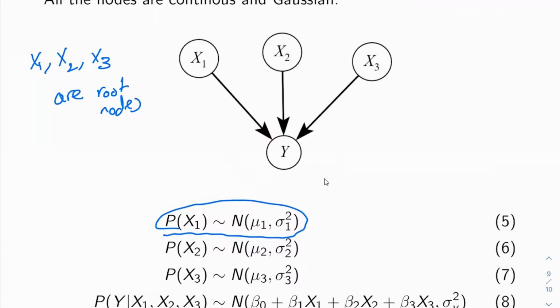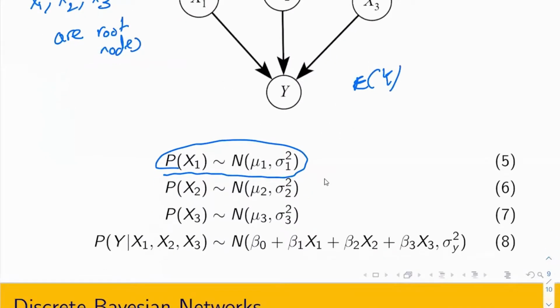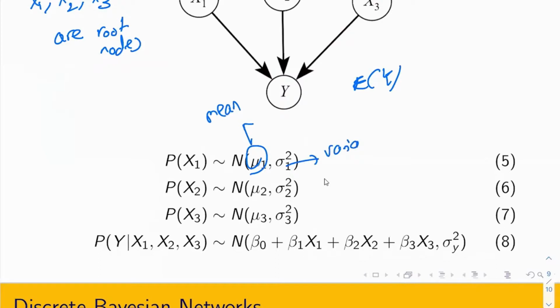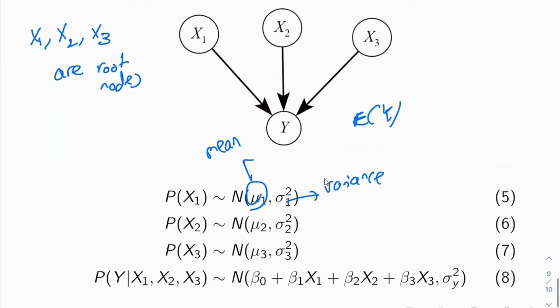But what is Y? Y has three parents, X1, X2, X3. How do we represent this one? The way we represent this, we say that the mean of Y, the expected value of Y, when you write it in normal distribution notation, the first one is the mean, and this is the variance. All right. So the mean of Y is written as a linear combination of the parents' values.